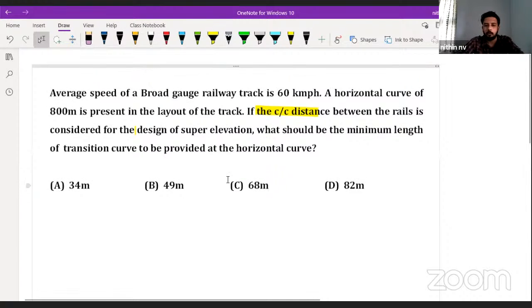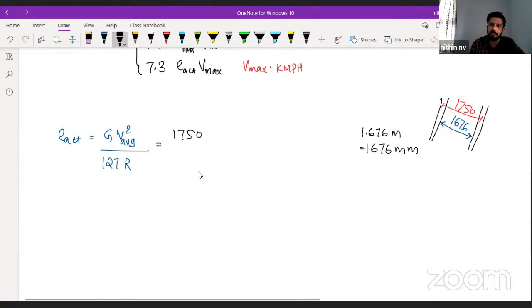Now, since they have given it, I am substituting 1750, which is in mm. Remember, I am substituting in mm. They have given that the average speed is 60, and 127. Radius is given as 800 meter.